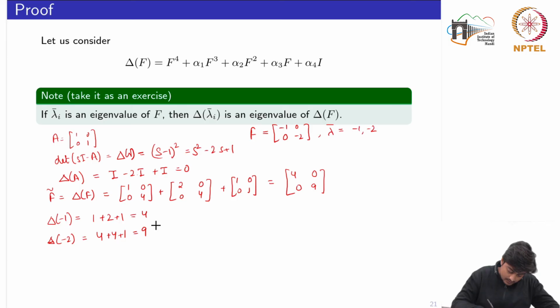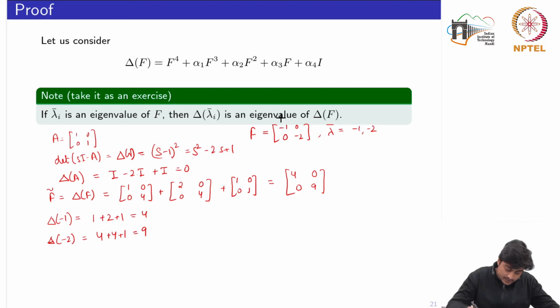So it is clear now that delta of lambda I bar are 4 and 9, which happen to be the eigenvalues of this F tilde matrix. So here we have taken one example to verify this statement, but you can take it as an exercise to show in general for an n-dimensional system that this statement would hold true.